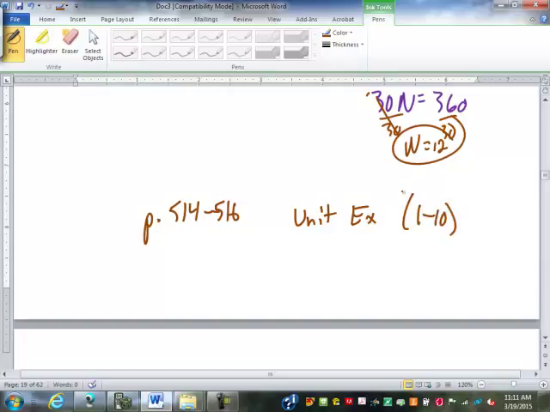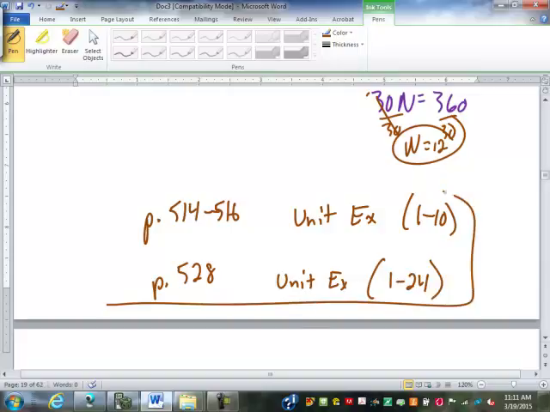And then also on page 528, those are also unit exercises. 1 through 24. This should be Unit 23 and Unit 24 exercises.